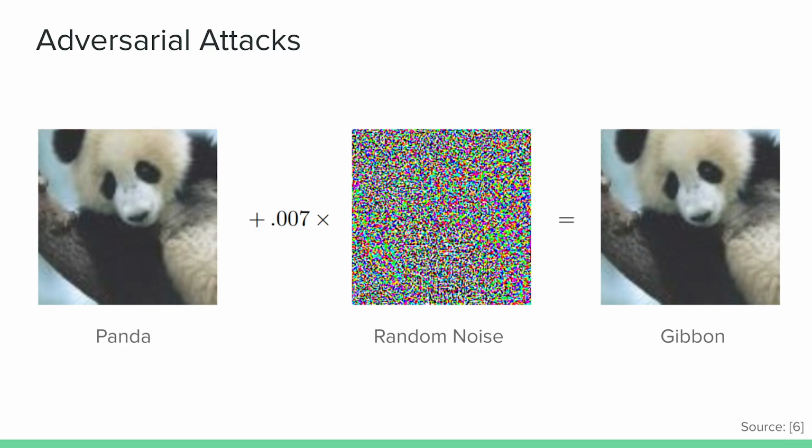And this idea of trying to attack a neural network by adding a little bit of noise to break it has become its own research field, because the more systems that we actually deploy and rely upon, the more important it is to protect ourselves against such attacks.